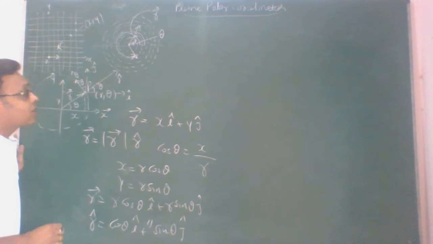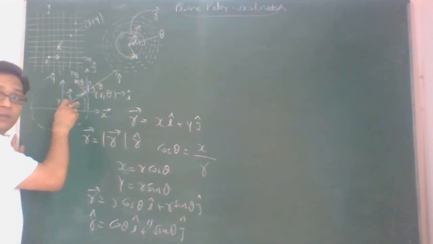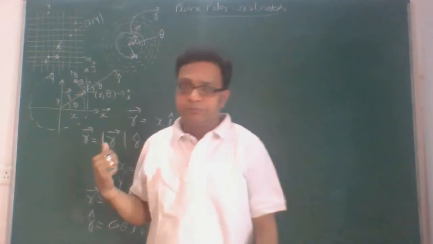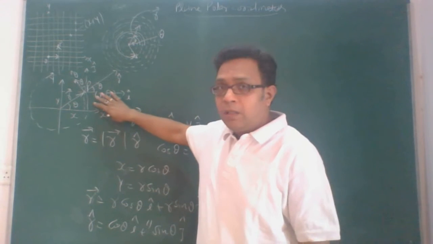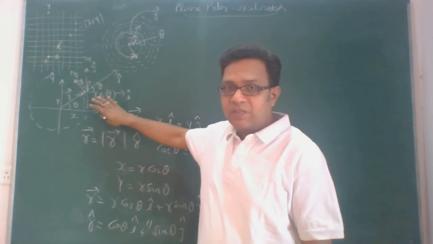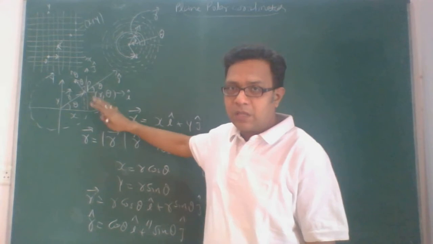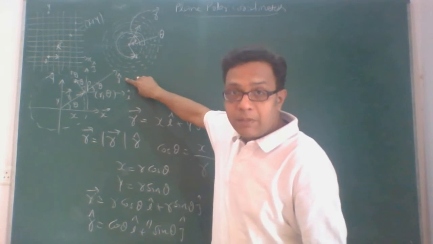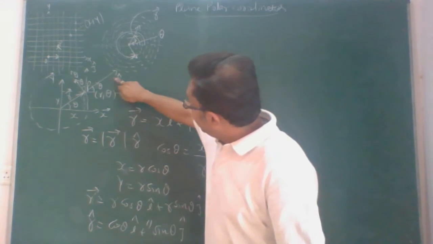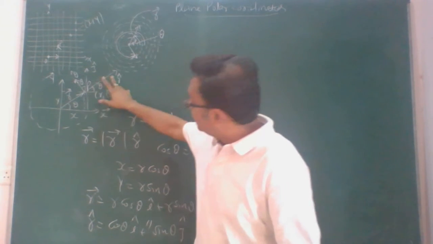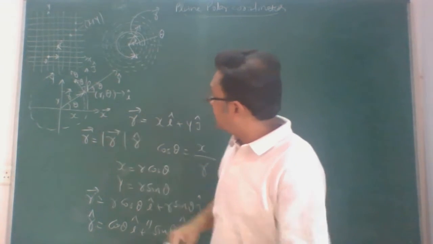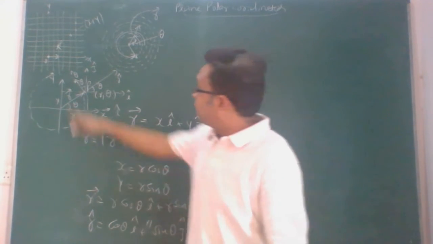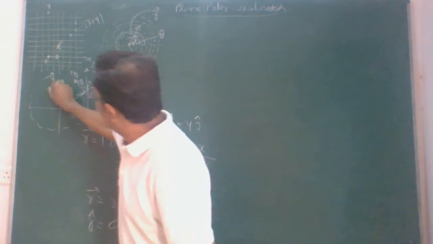Fine. So we can very easily calculate the r cap here also in this plane picture, which is basically connecting x y along with the r theta. So I have already drawn here the r cap. If I take the projection, vector x is nothing but a direction i cap, and vector y is nothing but a direction j cap.